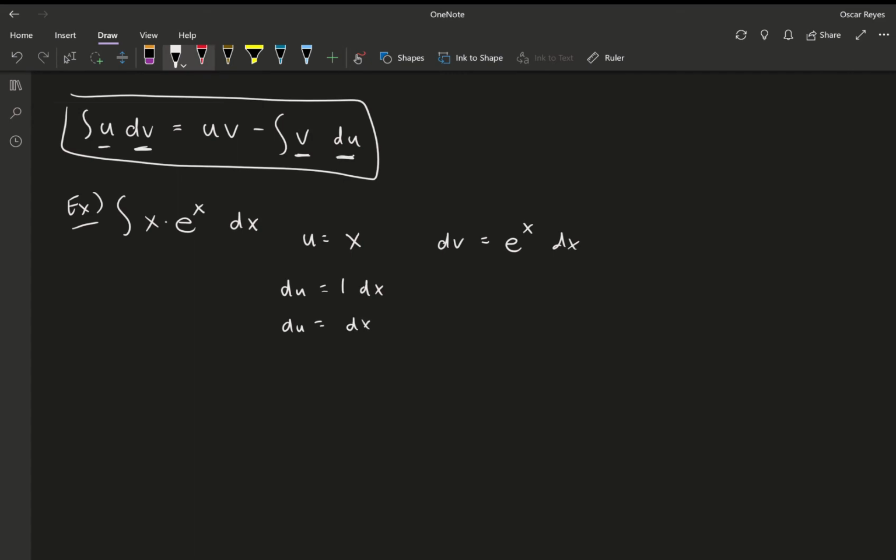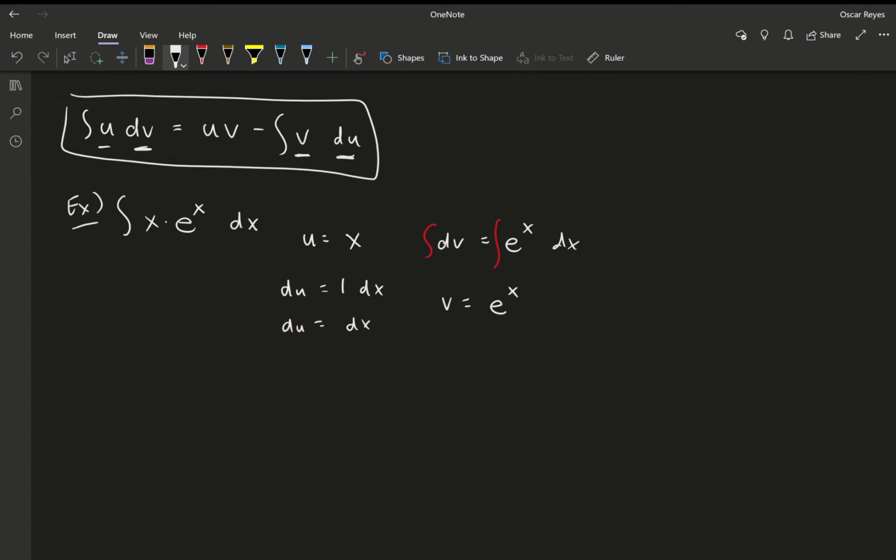Now, when it comes to this side, dv, we take the integral, we're left with v on the left side. The integral of e to the x, well, what derivative gives you e to the x? Well, e to the x. If you take the derivative of e to the x, it gives you e to the x.